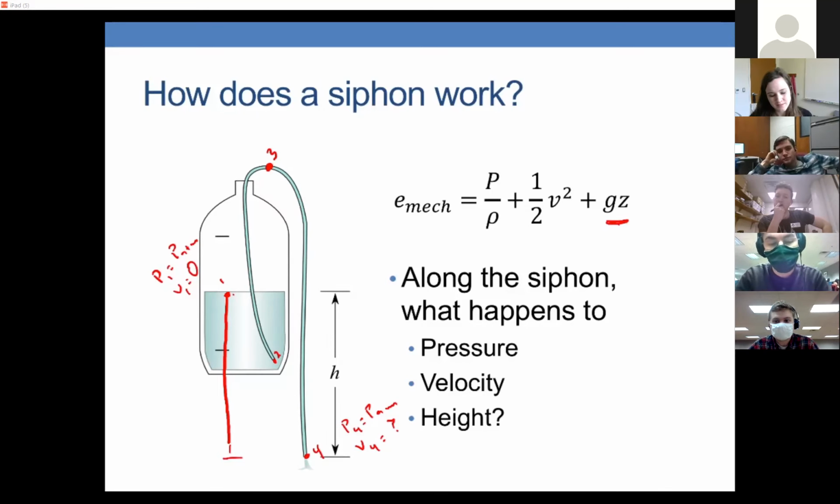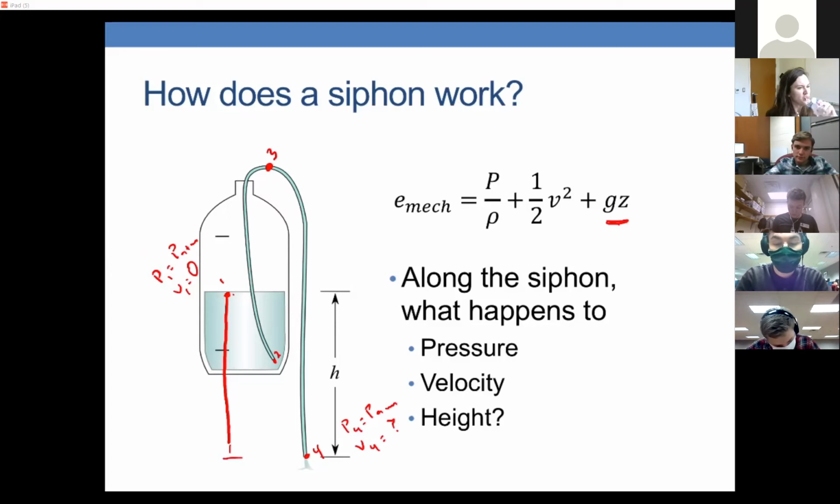From 2 to 3, I would say the pressure decreases linearly, maybe. And then from 3 to 4, the pressure stays the same.